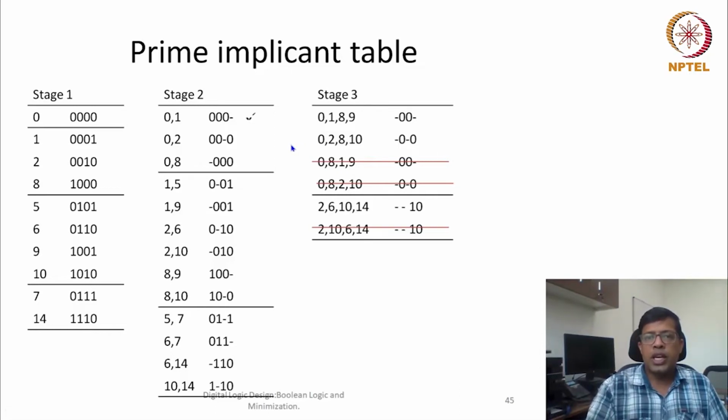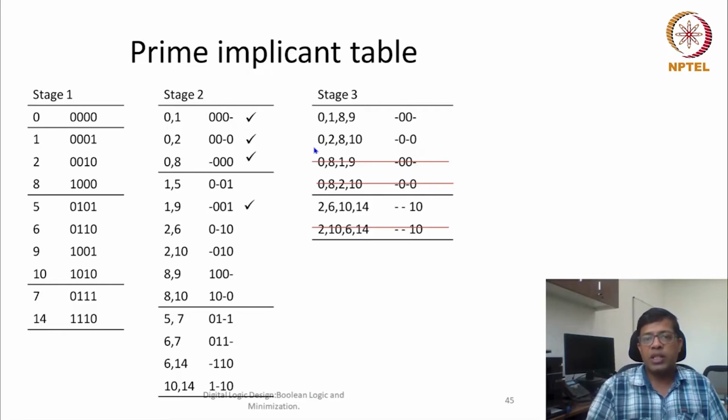Okay, so first we'll see whether 0 1 has been covered by something in stage 3 or not. Yes, 0 1 has been covered here. Similarly 0 2 has been covered by this particular implicant. So this also has been covered. 0 8 has been covered by the first implicant of stage 3.